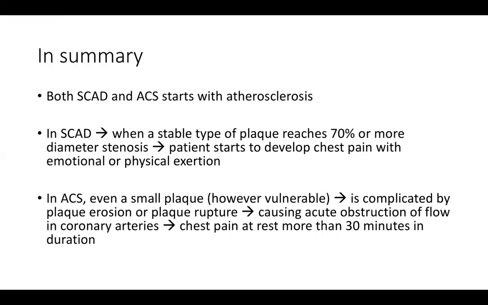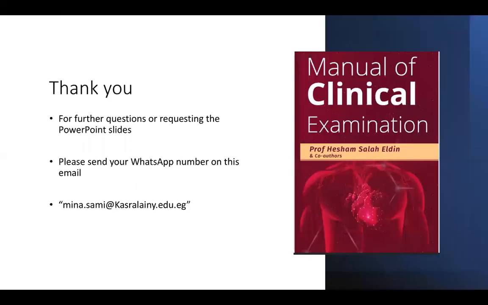In acute coronary syndrome, even a small plaque, might be 30%, is vulnerable and unstable, and is complicated by plaque erosion or plaque rupture, causing thrombosis and acute obstruction of the flow in the coronary arteries. That leads to chest pain that might occur at rest without exertion, lasting for more than 30 minutes, and we will talk about this in detail in the lecture of acute coronary syndrome.